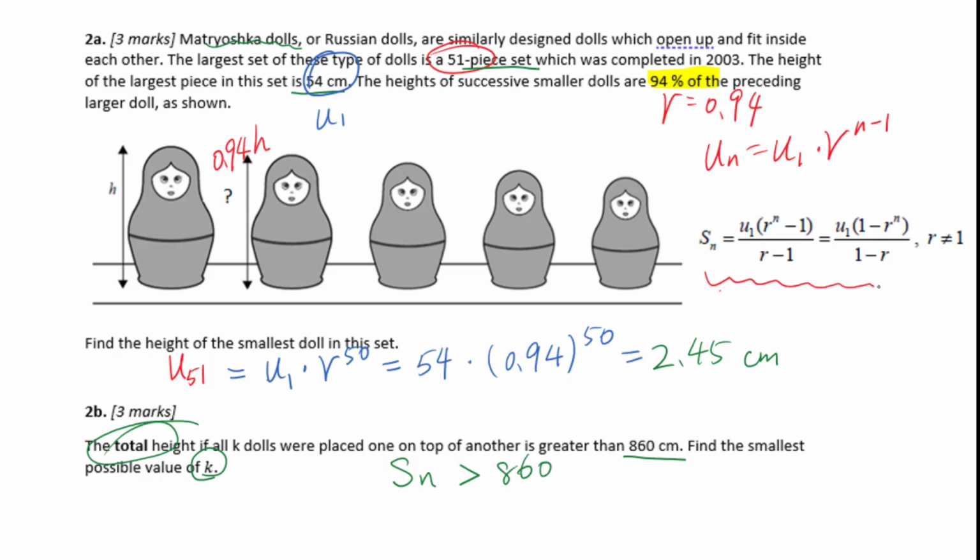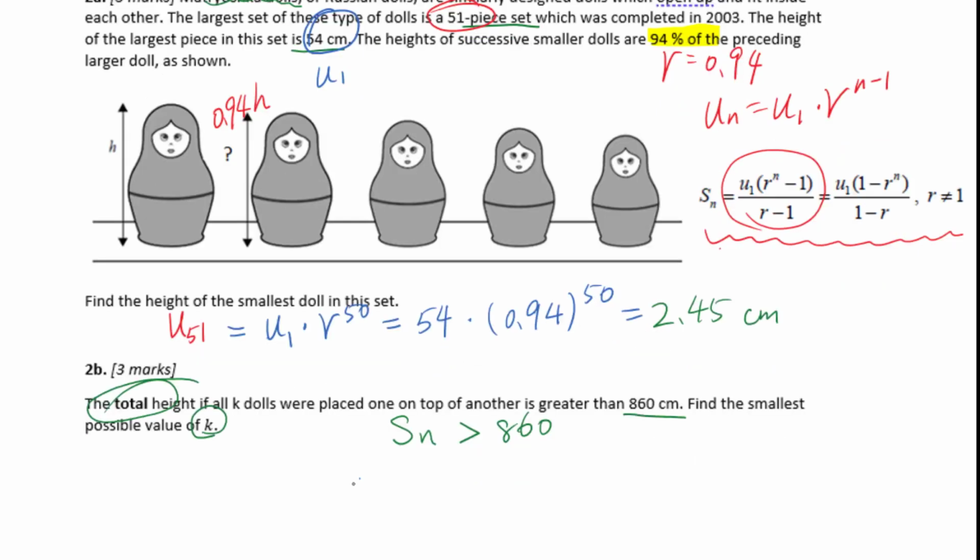This is the formula for the sum of a geometric series. u sub 1 is 54, r is 0.94, so we can use this formula. So we get 54 times 0.94 to the nth power minus 1 over 0.94 minus 1 greater than 860.